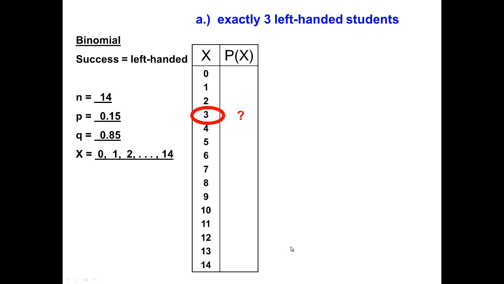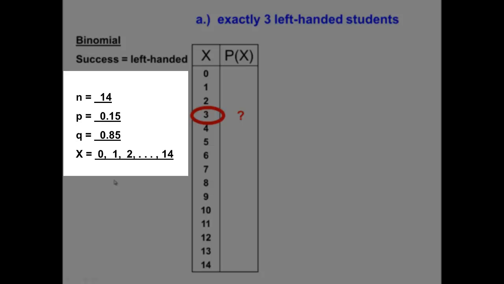Let's go back to the A part, exactly 3 left-handed students. Here to the left, we have our variables listed down again. N equals 14, P equals 0.15, Q equals 0.85, and our X's are 0 through 14.